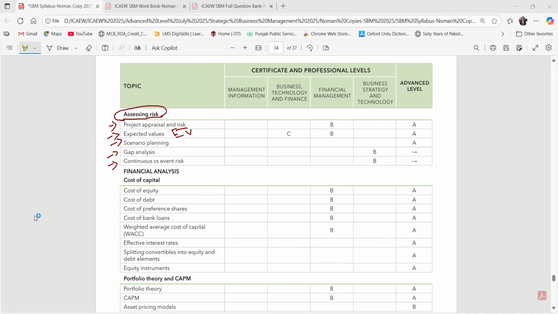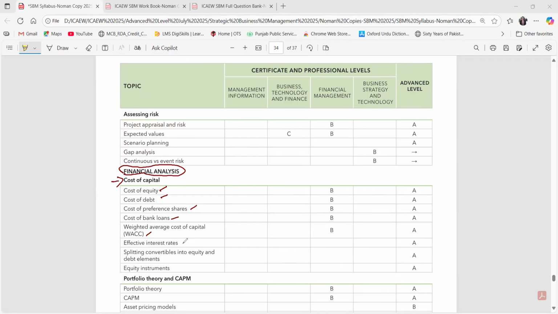Now talking about the second section, which is about financial analysis. In financial analysis, first of all, we talk about cost of capital. What would be the cost of capital? This involves different areas, starting with cost of equity, cost of debt, cost of preference shares, cost of bank loans, and WACC, weighted average cost of capital, one of the most renowned techniques for calculating.